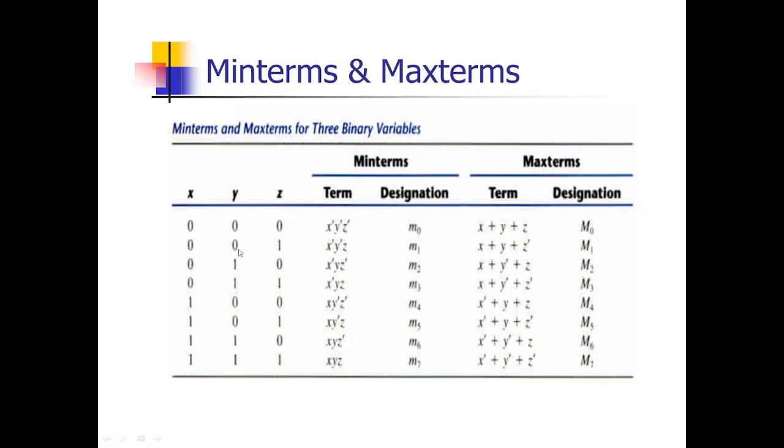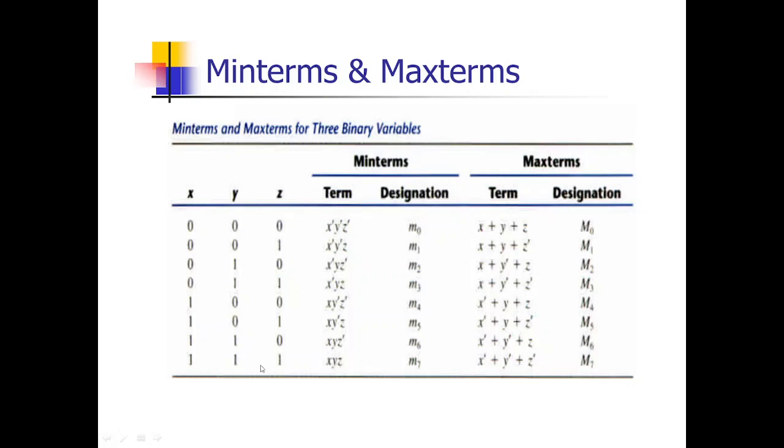Similarly for 001, it is x dash, y dash, z. Here 0 is a complement term and 1 is a true term, right? So x dash, y dash, z is simply represented as m1, and we have to follow this for all the remaining rows.